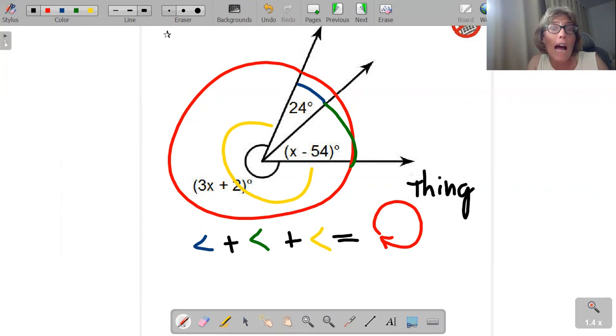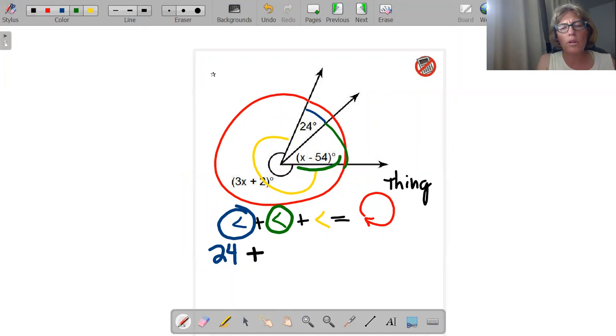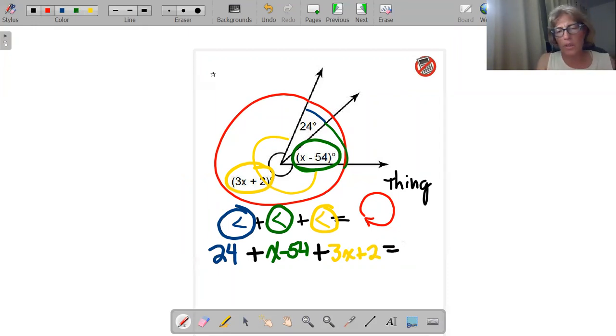Things before algebra. Now using that as a template, use circle, plug, chug. One angle is 24 plus the other angle is going to be x minus 54 plus this angle is going to be 3x plus 2 equals 360.